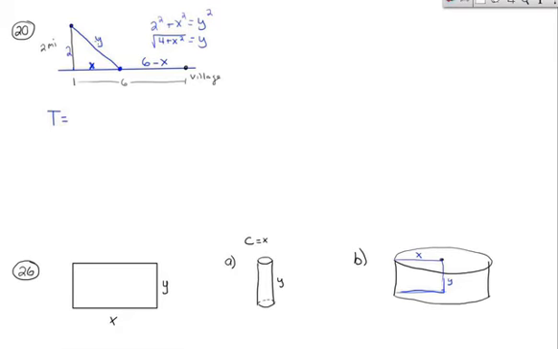So we wrote it as y, but really I know what y equals in terms of x, so I think it makes sense if we replace this y with the distance in terms of x, which would be the square root of 4 plus x squared.